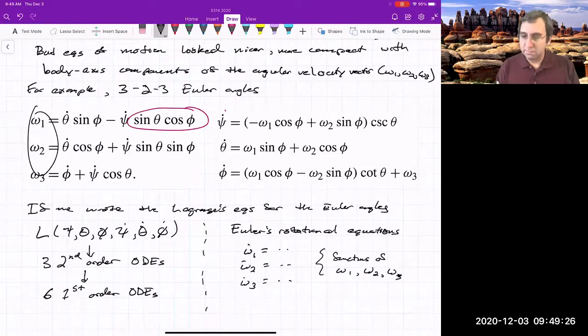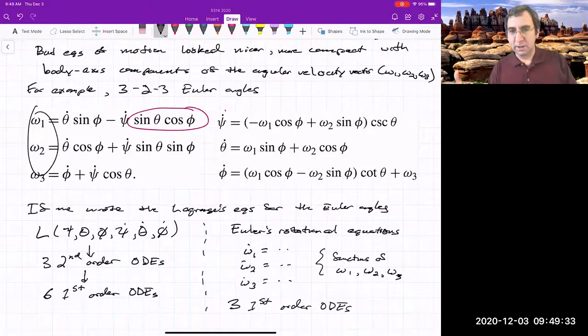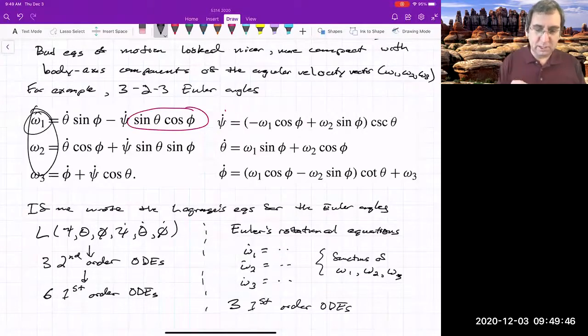And there were only 3 of them. So we only had 3 first order ordinary differential equations to get at the dynamics. So there's this savings in terms of the number of equations of motion you need if you pick these quasi-velocities correctly. And we call these quasi-velocities because omega 1 dot is not the time rate of change of any coordinate. So it's not a velocity, but it is linear in velocities. It's a function of velocities. Okay.